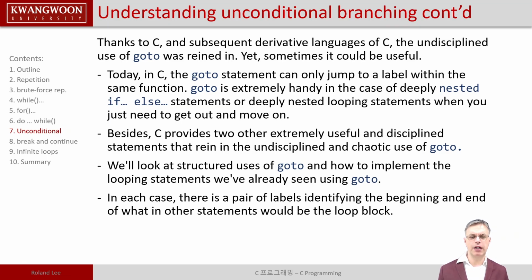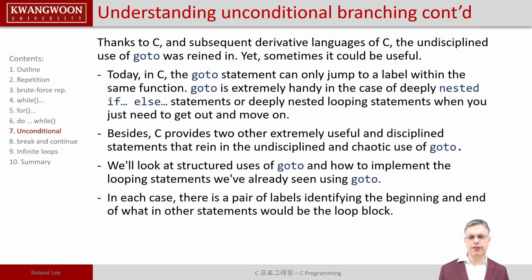Often the answer to the question, how did we end up here, or what was the code path that got us to this point, was not easily discernible. But thanks to C and subsequent derivative languages of C, the undisciplined use of goto was reined in.